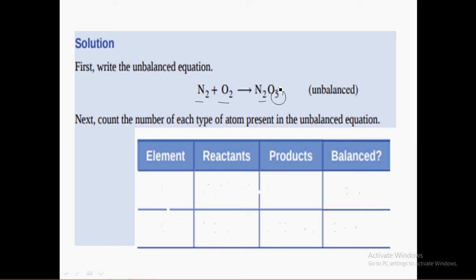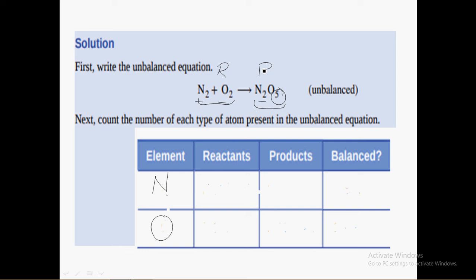Right? First we write the number of elements in here. Nitrogen, oxygen, nitrogen, oxygen. So we have only nitrogen and oxygen. How many reactants of nitrogen are there? These are the reactants and these are the products. Number of reactants and the number of products.